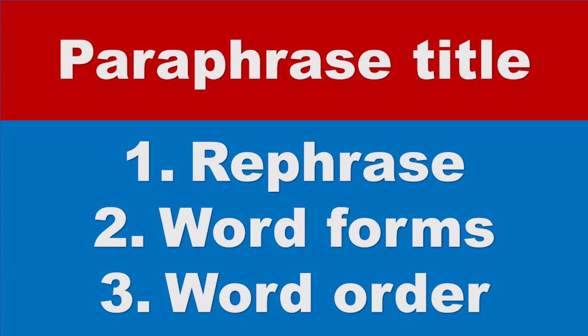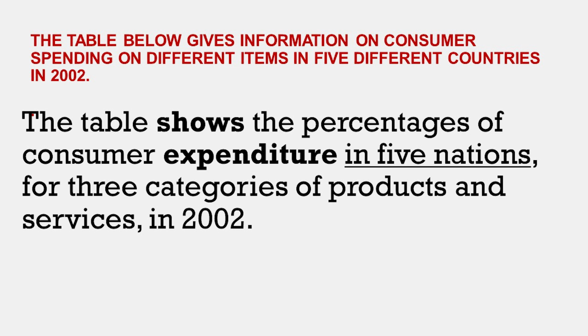So let's have a look at my paraphrase: the table shows the percentages of consumer expenditure in 5 nations for 3 categories of products and services in 2002. So you can see I've paraphrased the word gives into shows, and spending to expenditure. And then I haven't changed any word forms for this particular task.